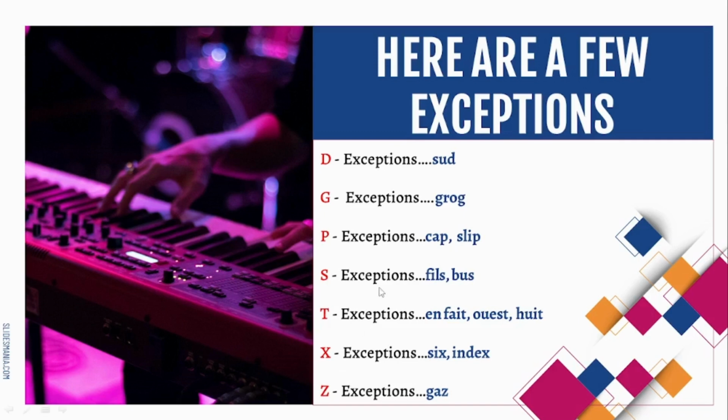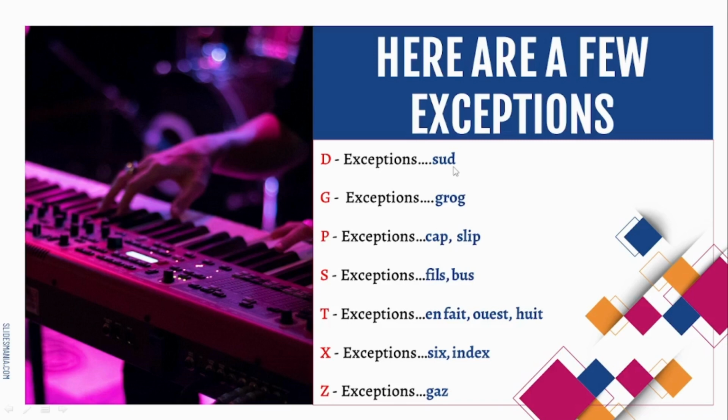One example, let's start with D. An example of an exception with D, where the D is pronounced, is the word sud. You can hear the D being pronounced in this word. It is not su, because normally when you do not pronounce the D, if you don't pronounce the D for this word, it would be su.